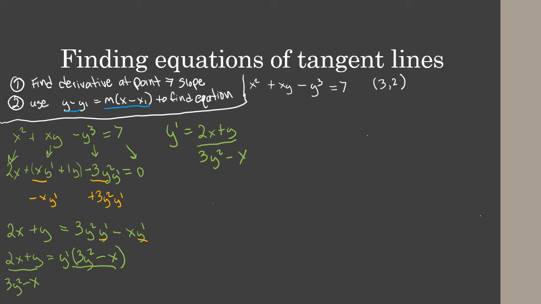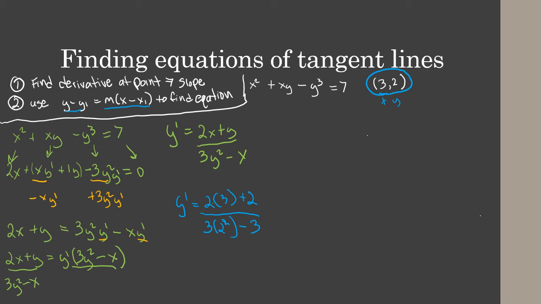All right, so we've got the derivative. Now let's find the slope at that point. We do that by taking our x and our y from the original point. So y prime equals, our x is 3, our y is 2, 2 times 3 plus 2, all over 3 times 2 squared minus 3.